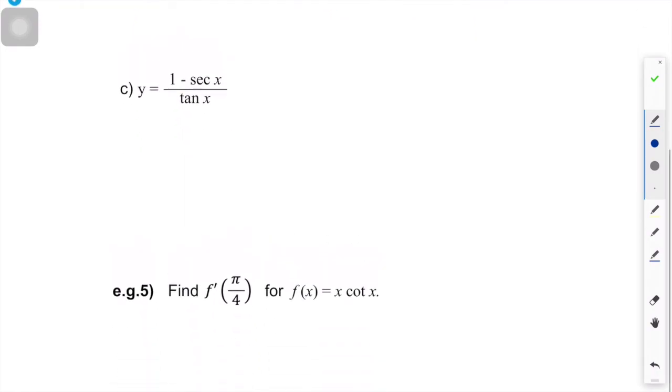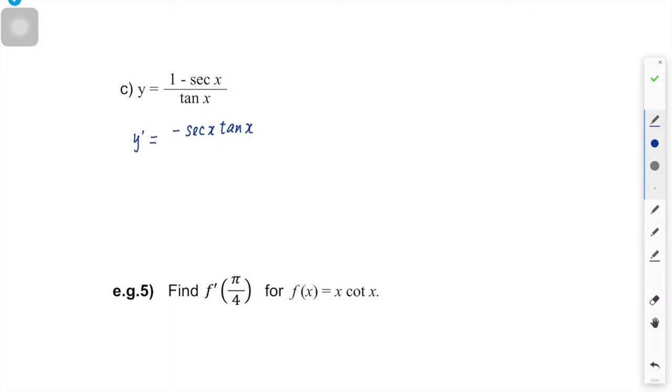Question C. y is equal to 1 minus secant x over tangent x. No, that looks more complicated. So I'm just going to use the most straightforward method, which is the quotient rule in this case. Take the derivative of the numerator. 1 becomes 0. Negative secant x is negative secant x tangent x.